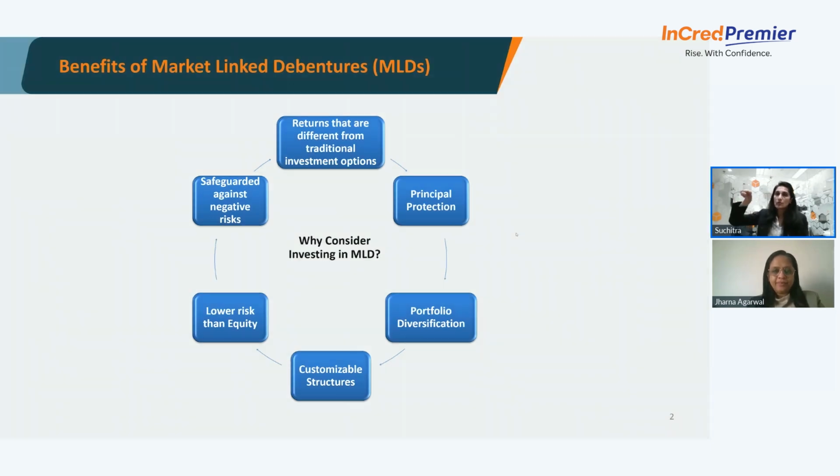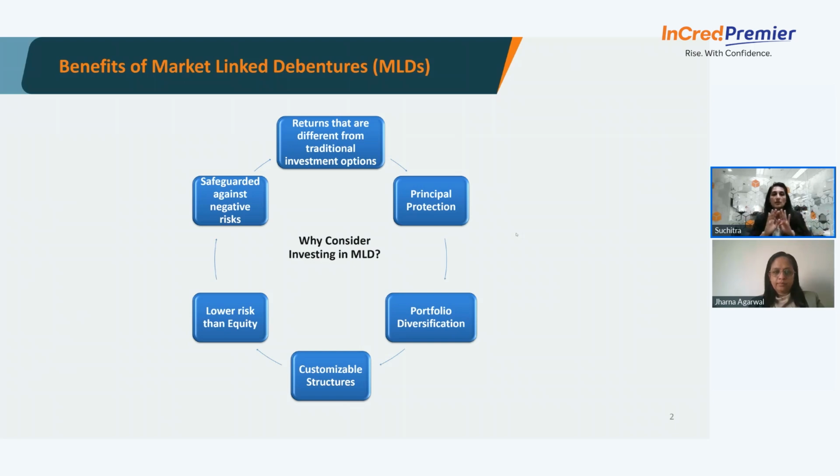So I'm going to go anti-clockwise. Portfolio diversification means that this typically diversifies or reduces the overall risk or variance of your portfolio. It depends on the customization that you provide for the structure, but depending on the structure, it will actually diversify. Let's say you have a 100% equities portfolio, you can diversify away the overall risk of your portfolio.